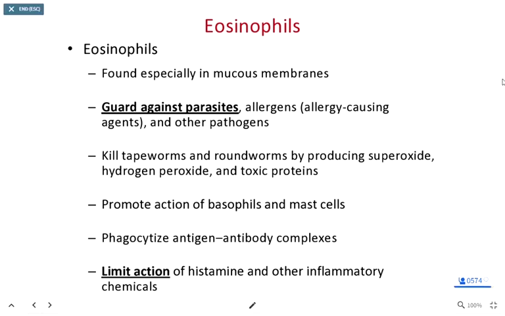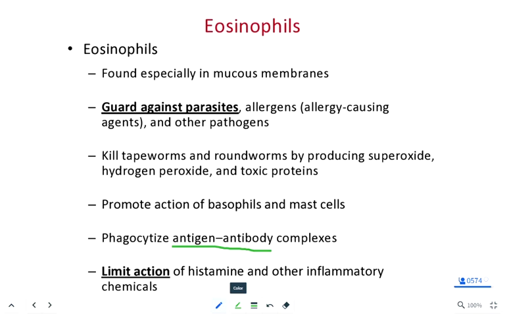Our eosinophils are going to help us phagocytize antigen-antibody complexes. We haven't gotten to that yet, but just to briefly talk about it, our eosinophils are phagocytes. They can phagocytize pathogens in our bodies, and they're not very effective phagocytes. When we think of phagocytes, we think of macrophages and antigen-presenting dendritic cells that we talked about Tuesday.